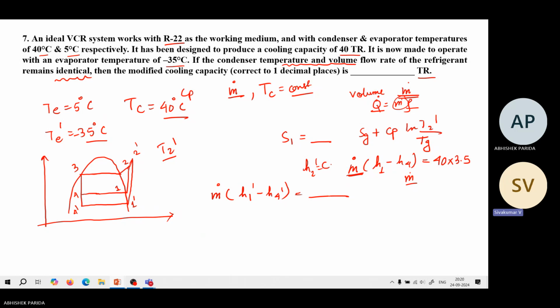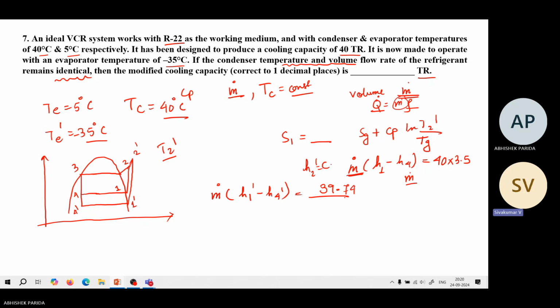Kilowatt. Could you repeat it? 39.74 kilowatts. I will check it out, sir. No, it is wrong. It is not possible.